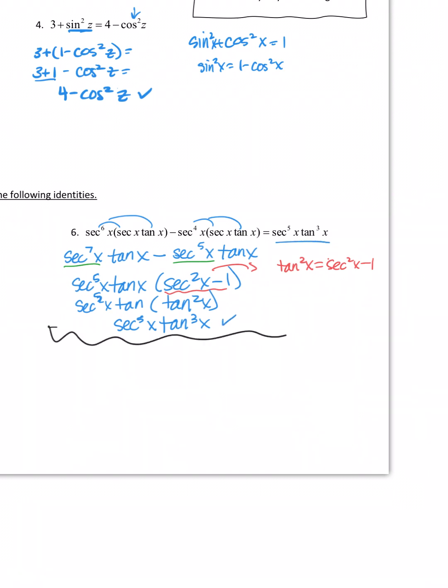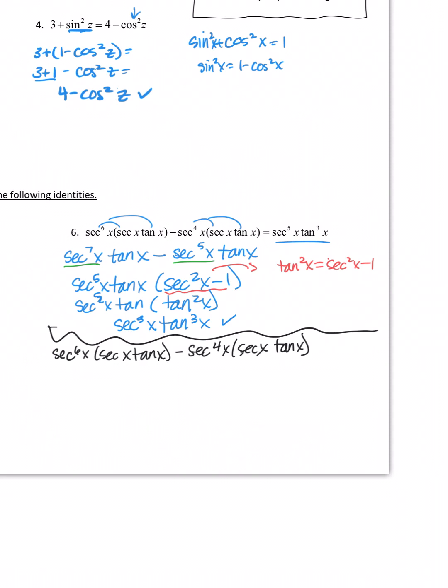Now, that's one way to do it. It's not the only way. All right, let's try it another way. I'm going to rewrite the question really quick. Okay, there it is, rewritten.